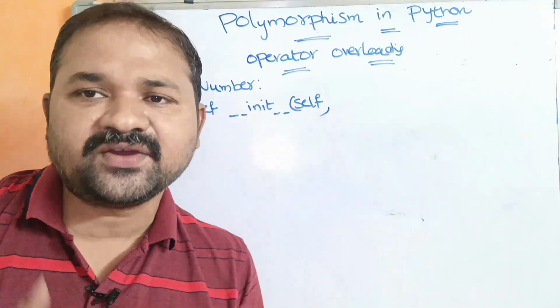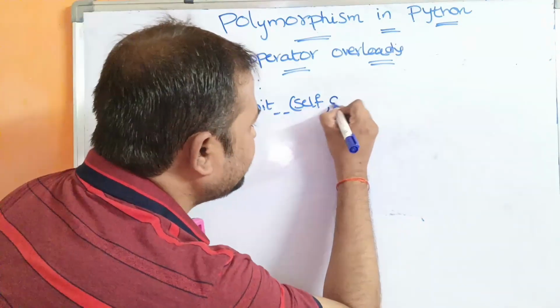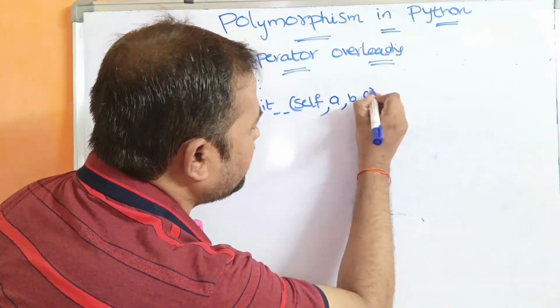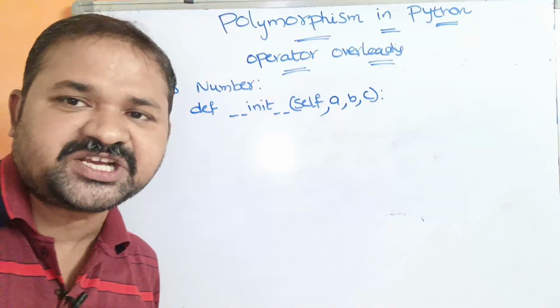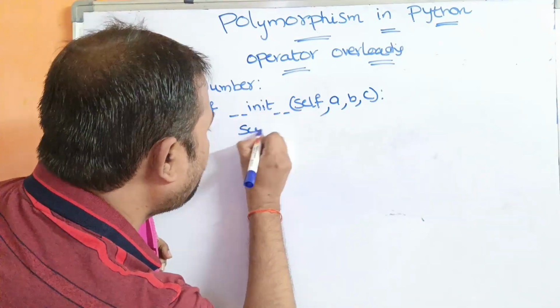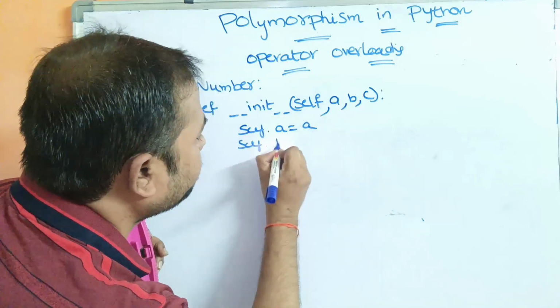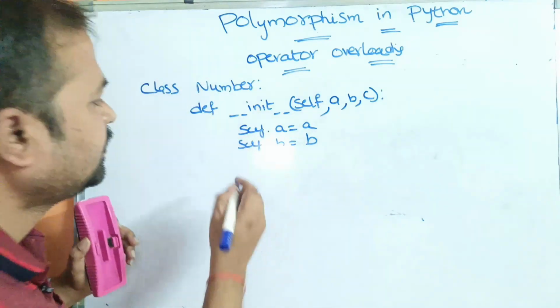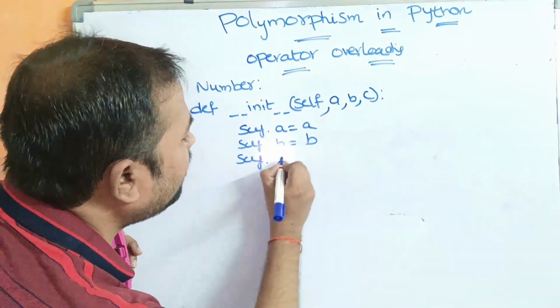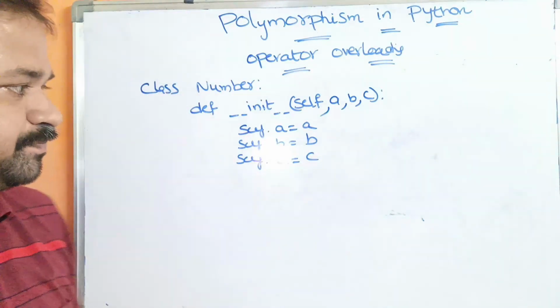Let us have three members, A, B, C. Now let us do the initialization. So self.a = a, self.b = b, and next, self.c = c.